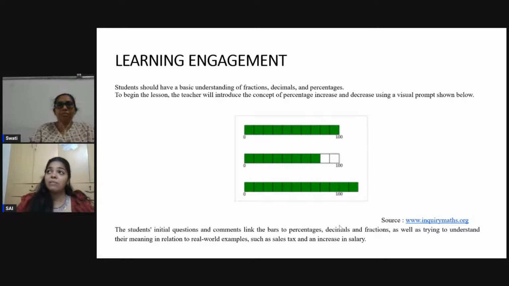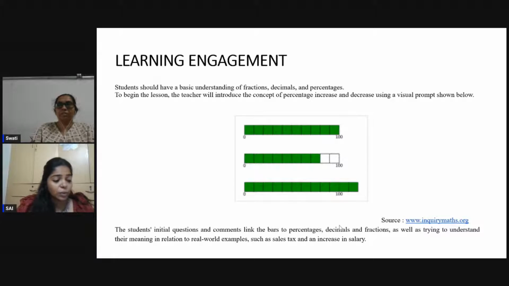So having them come up with different visual representations of the percentage increase and decrease concepts, or asking them to extend the application to scenarios that we might not have discussed in the session. On the other hand, when we have students who need extra support, there will be a small guided group. So I will support them, is what I had planned.